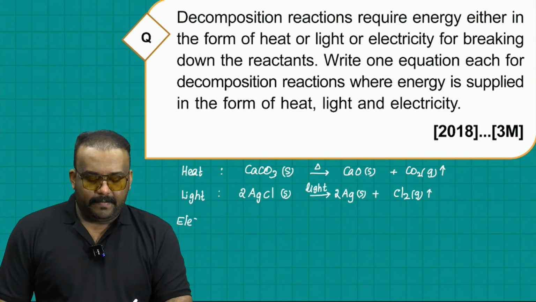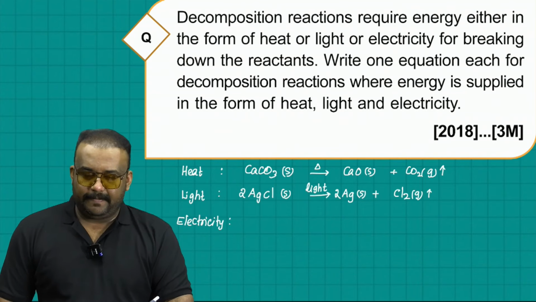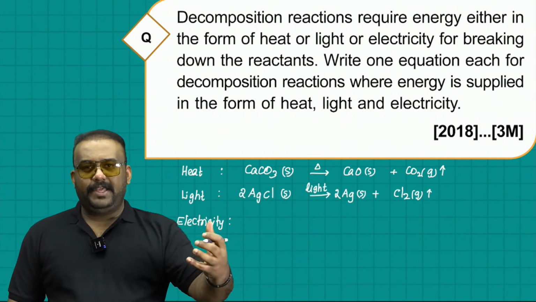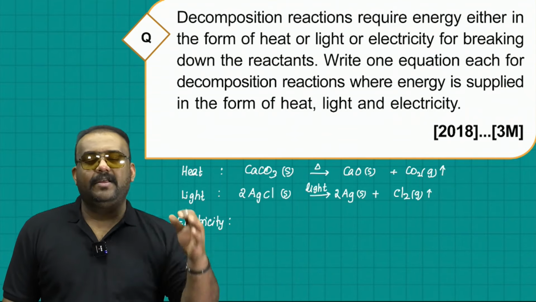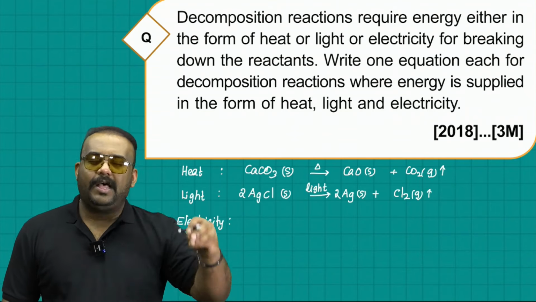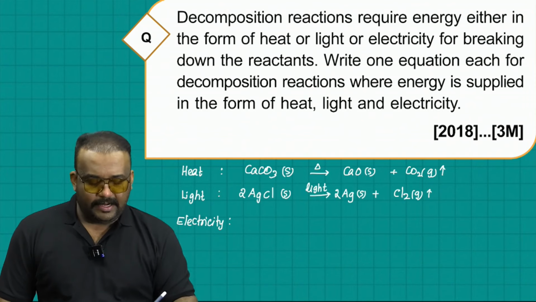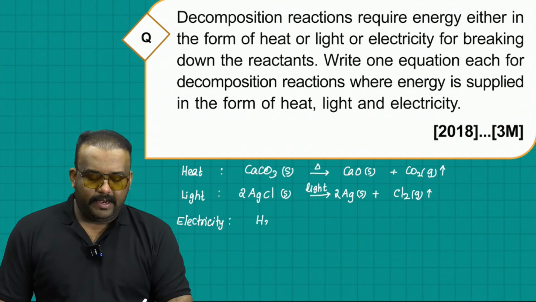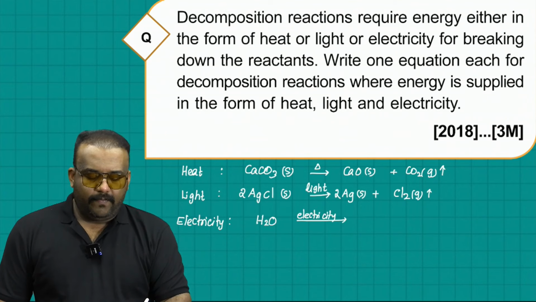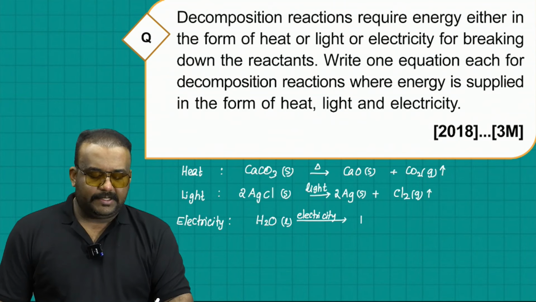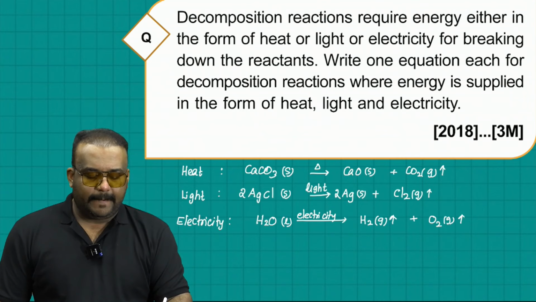And then we have decomposition induced by electricity. When we pass electricity through water, we have learned that water will break down into hydrogen gas and oxygen gas, correct? So that example we can quote here for electrolytic decomposition. So liquid water, when electricity is passed through it, it will break down into hydrogen gas and oxygen gas.